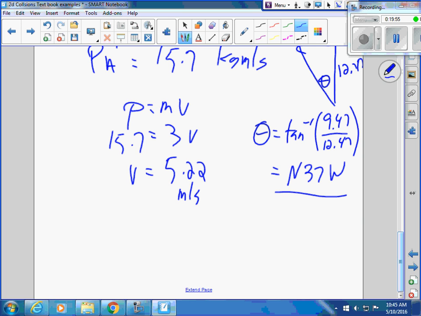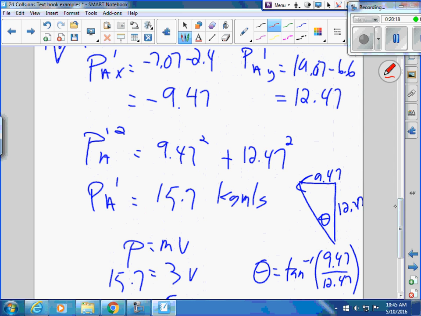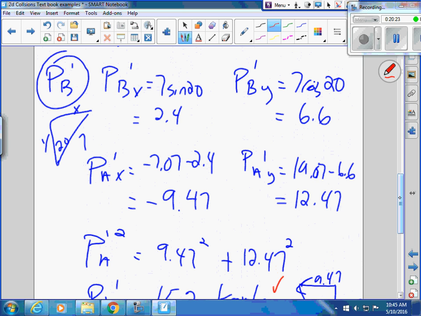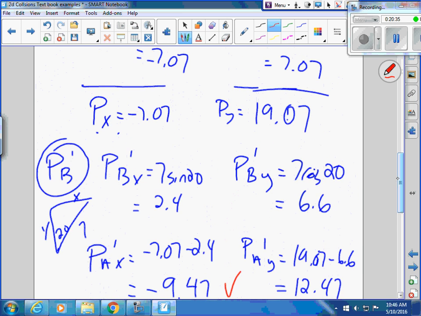How many marks should something like that be worth? Come on, is my reputation that bad? Probably 1 for that.